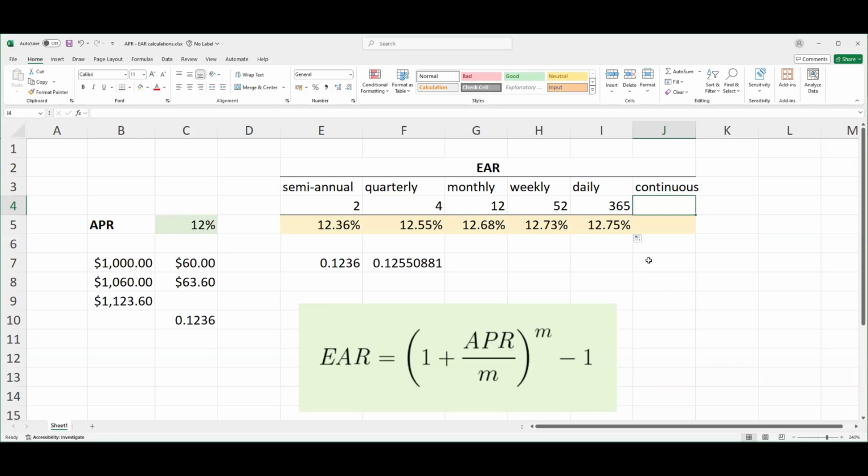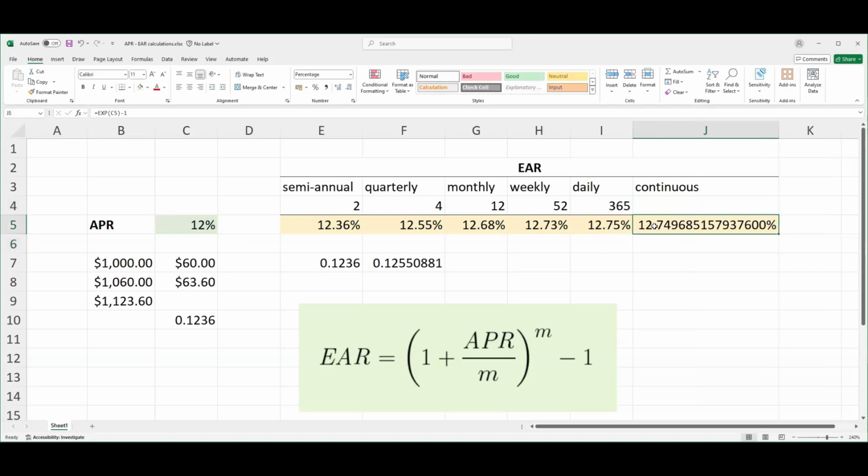Because this is becoming a very small number, but this is also becoming a very large number, in that limiting case we can't use this formula. We need to use another formula where we have e to the power. So I need to use the exponent function: e to the power of the APR, minus 1. As you can see, it is not very much different than daily compounding.